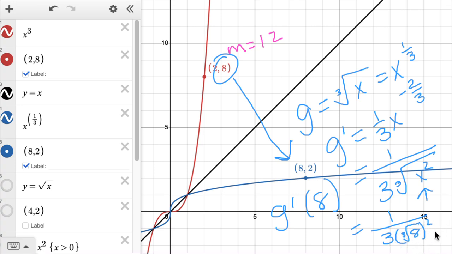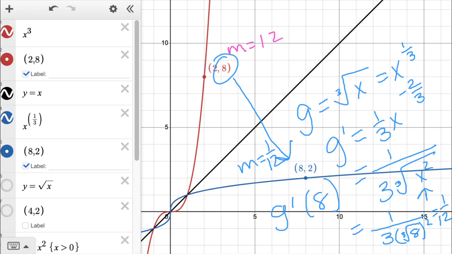I apologize, I'm running out of space. Remember, it's okay to flip the order in which we evaluate the exponents. The cube root of 8 is 2, 2 squared is 4, 3 times 4 is 12. So this is going to be equal to 1/12. This illustrates the key idea: at our inverse point, the slope is equal to 1/12.